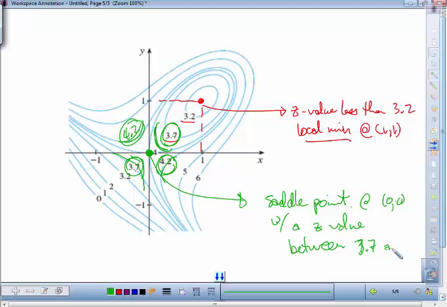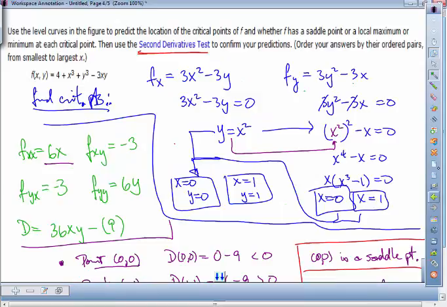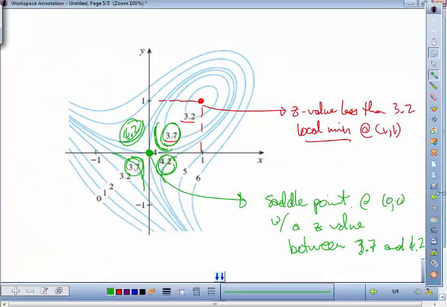between, in this case, 3.7 and 4.2. We never really checked our original function, but if you put 0, 0 into the original function, that's simple enough to do. Our original function is 4 plus a bunch of zeros if you put 0, 0 in there. So you're going to get a z value of 4, and that's a number between 3.7 and 4.2.